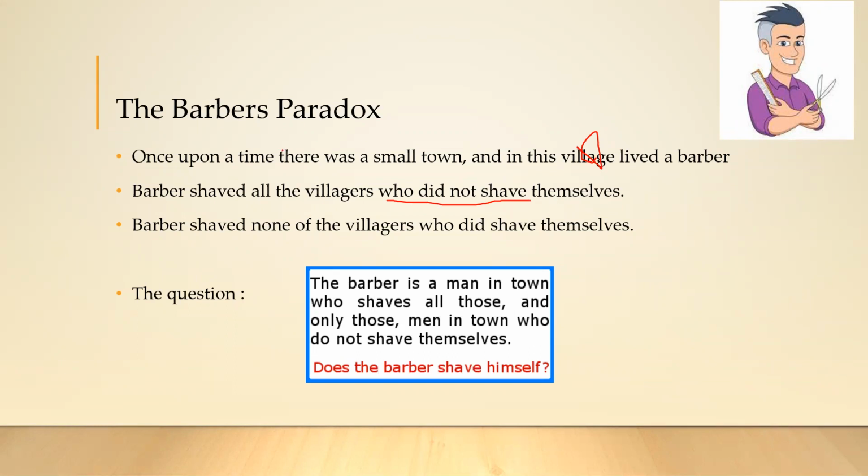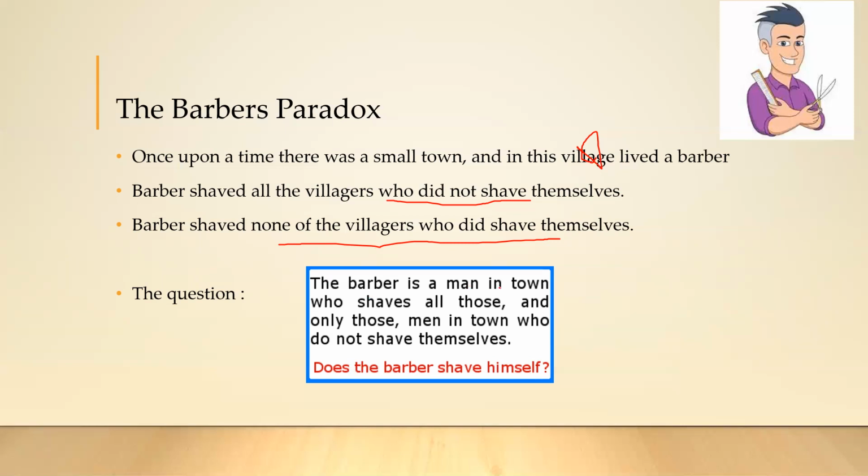So this barber shaves only the villagers who do not shave themselves, and he does not shave the villagers who shave themselves. So this is the condition in that small town. He shaves only the people who do not shave themselves. Now, the question in the barber's paradox is this.